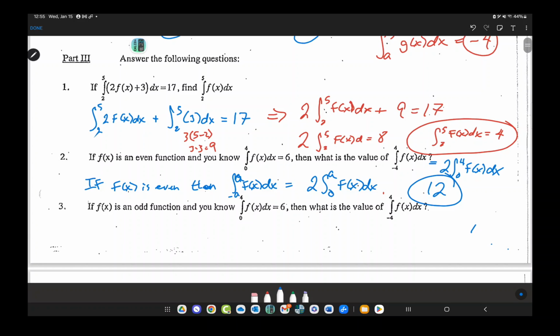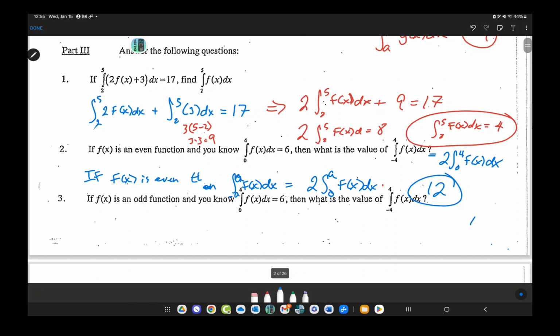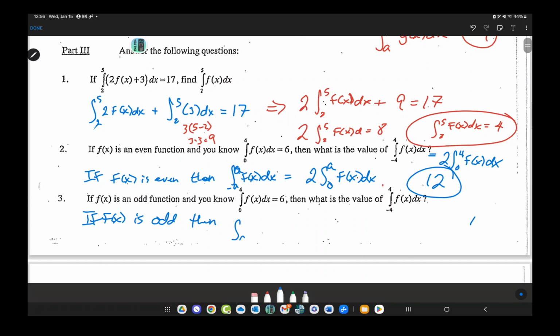So if f of x is odd, then the integral from negative a to a of f of x is 0. It is 0.